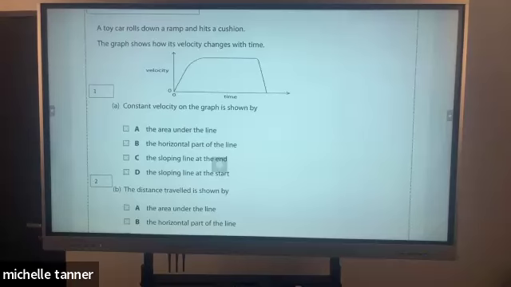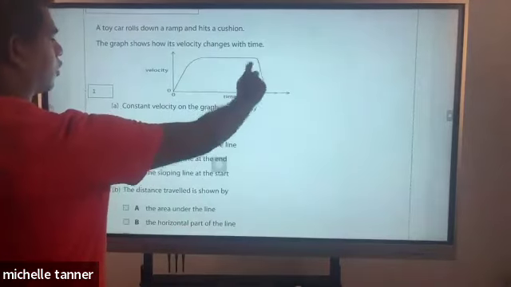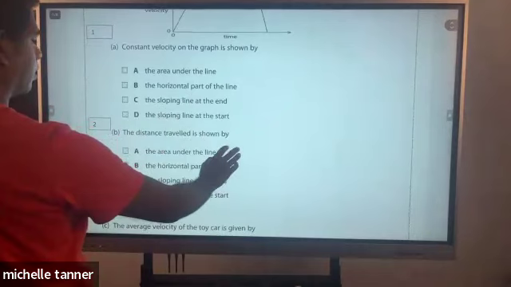Constant velocity is shown at the horizontal part of the line, right? Yeah, correct. That means this is constant velocity. Yes, sir, the answer is B.